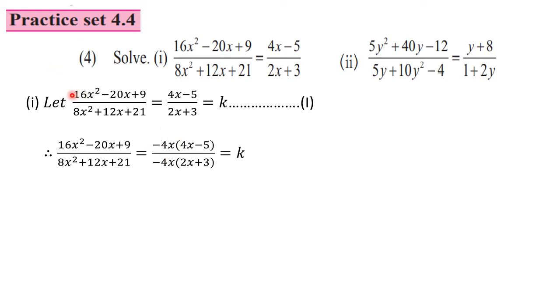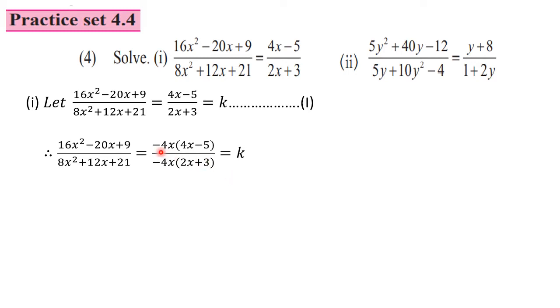Because 16x square divided by 4x gives 4x. We want to equate these terms to the first two terms of the first ratio, and then we are adding, so we want the opposite sign. So we multiply the second ratio by minus 4x in the numerator as well as the denominator. We can do it because afterwards when it is cancelled, the original ratio remains the same. So this is also equal to k.